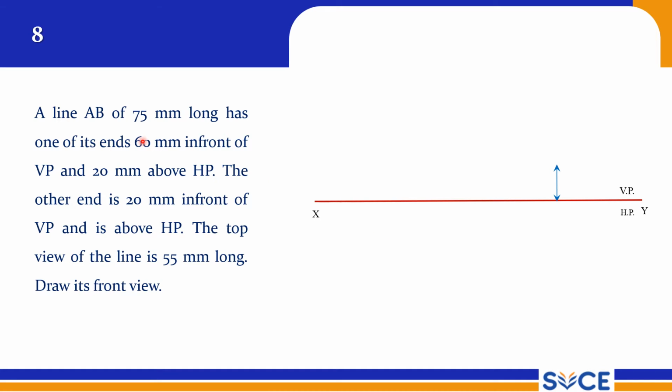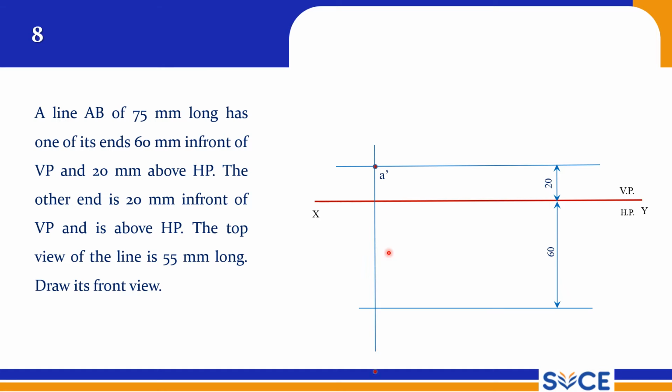So one end is 20 above HP and 60 in front of VP. So this is our A dash and A, and now the top view is known, that is 55, so at 55 you can draw a projector. So this is A and this is B1.